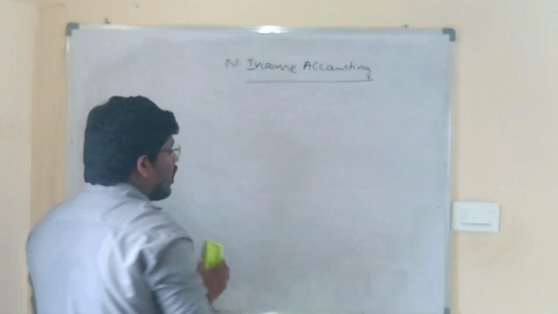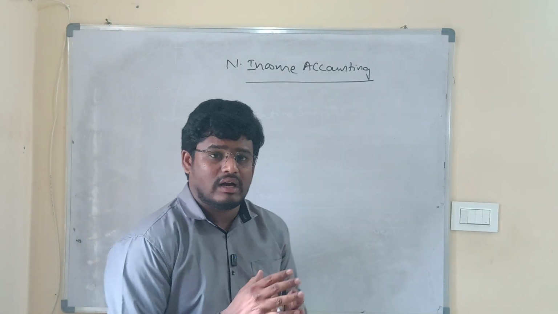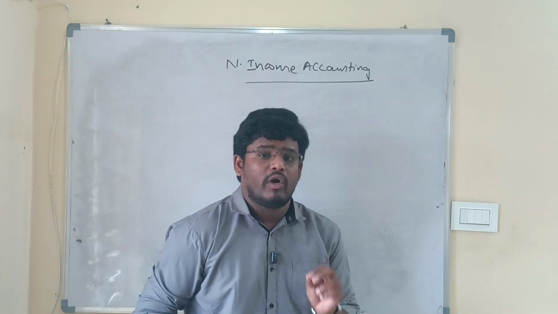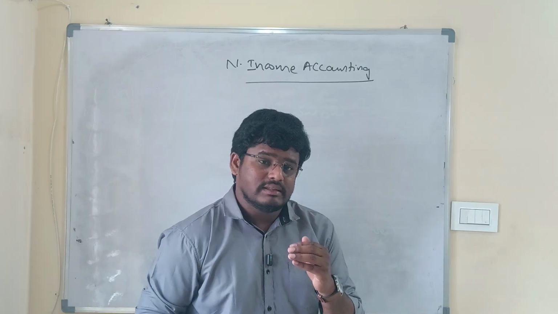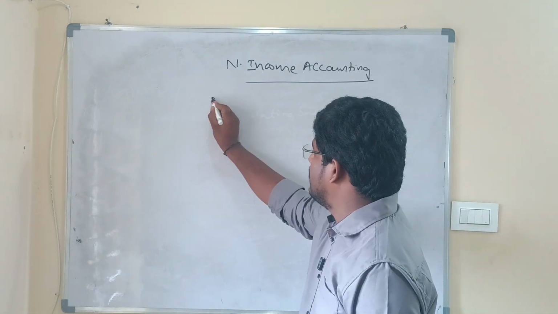Now, the income method is considered one of the best methods in the case of India for the calculation of GDP. One point to keep in mind: GNP calculation can also be done through the income method.